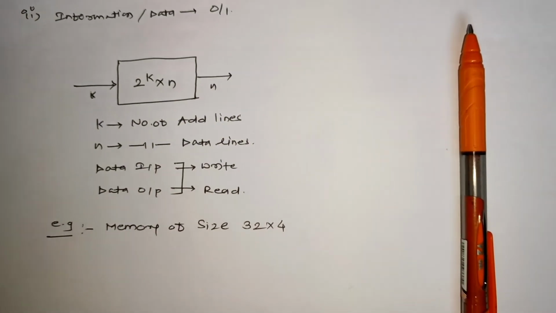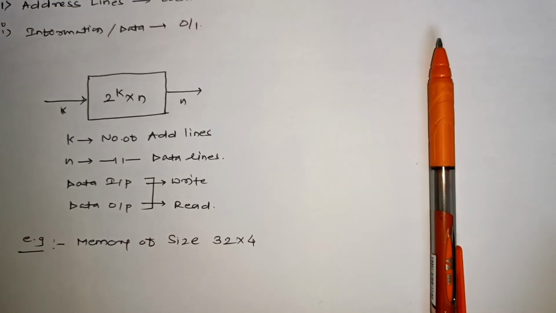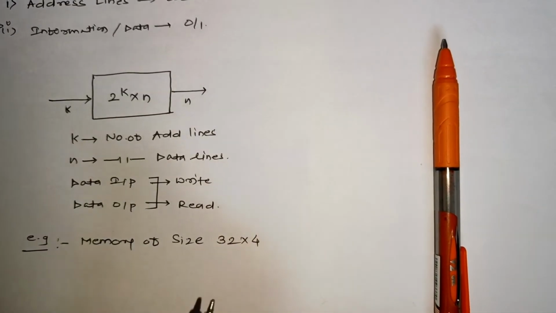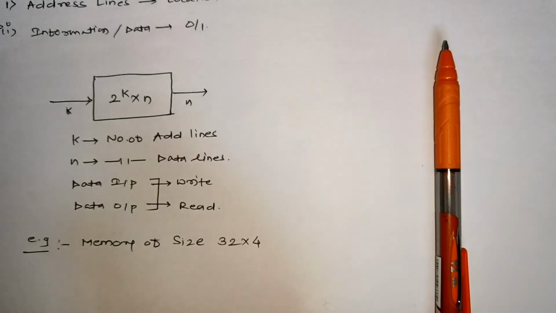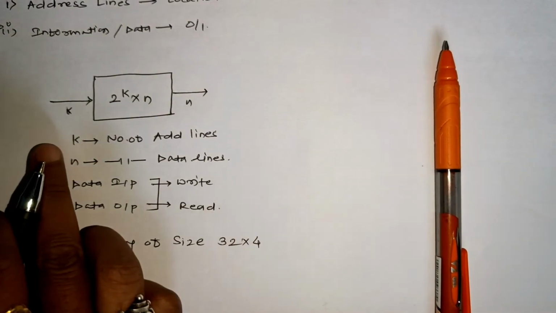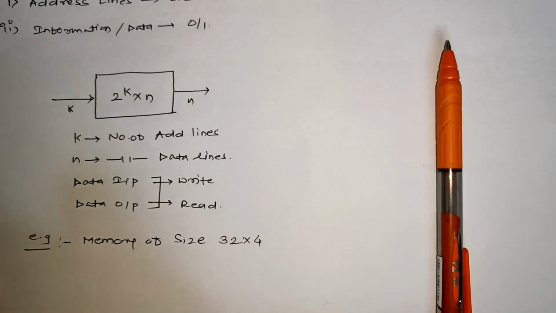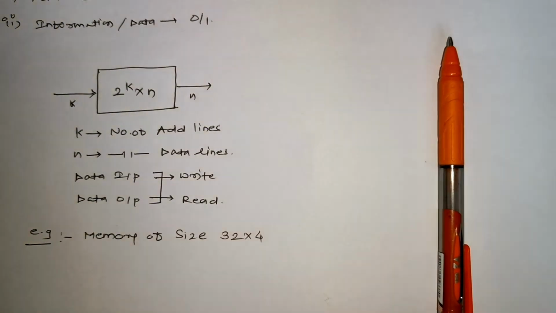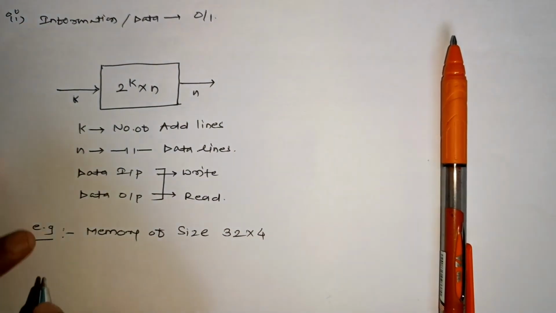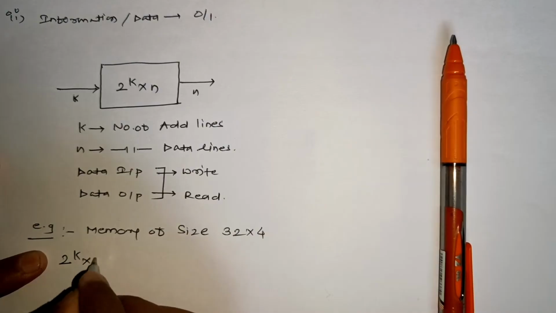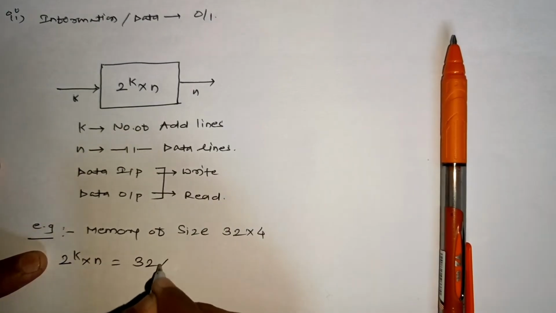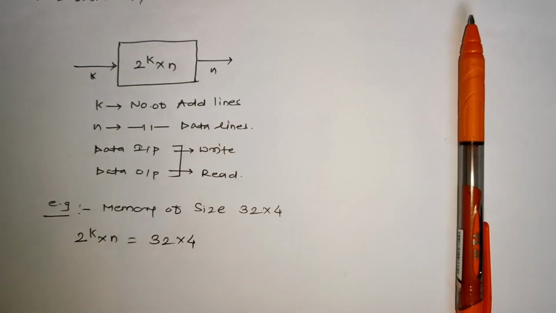Typically we are considering a memory element whose capacity or size is 32 by 4. तो इसको हमें डिज़ाइन करना है. तो सबसे पहले तो हम फेच करेंगे address lines and data lines. For that case we'll use this formula: 2 raised to k by n is equal to 32 by 4.